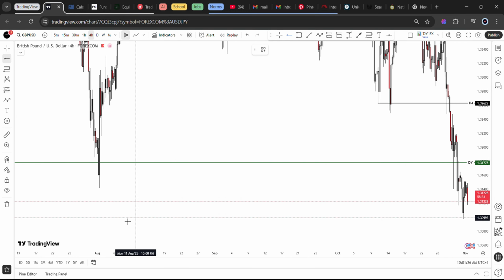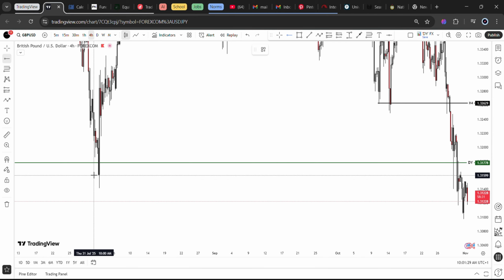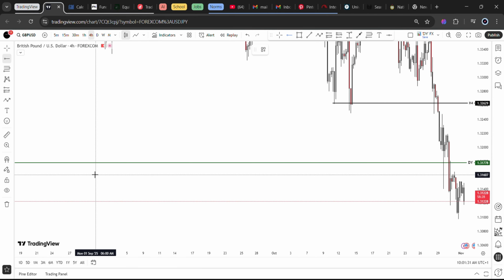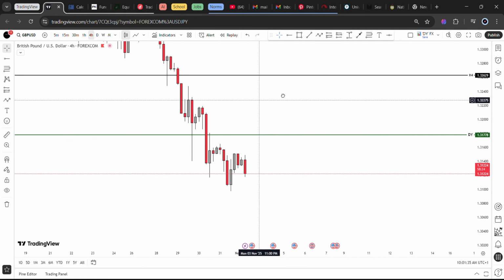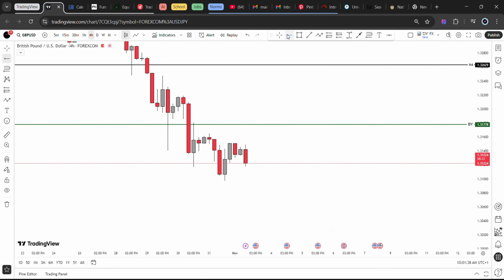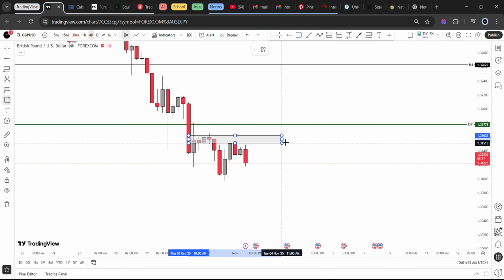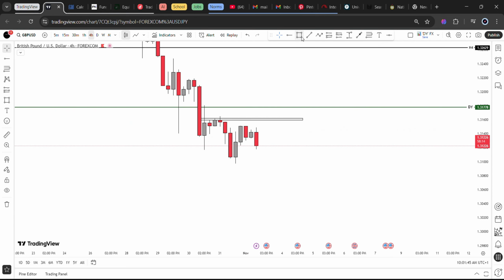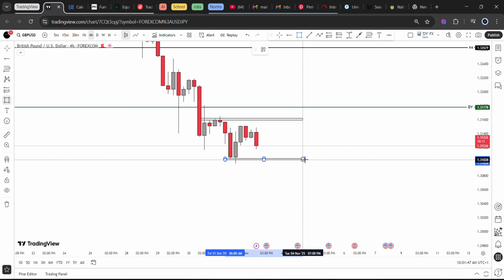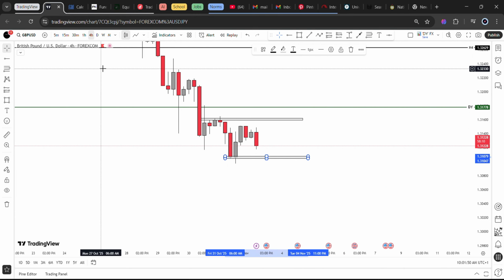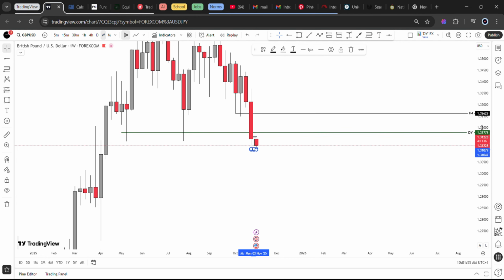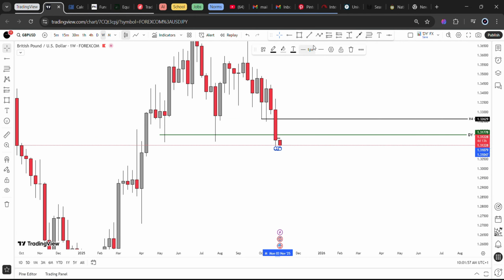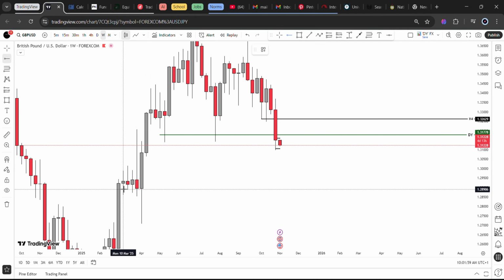So let's see, this is what we have for GBP USD. There's a zone there, but I would prefer we use the daily time frame zone above. So now this is our recent support and resistance level, or rather the current range in which the market is. The market is trading currently within this range as at the time of this video, which is on Monday, November 3rd. So the market is currently at that zone.